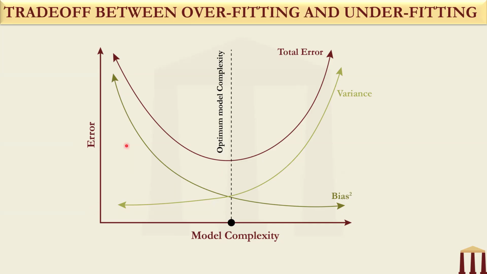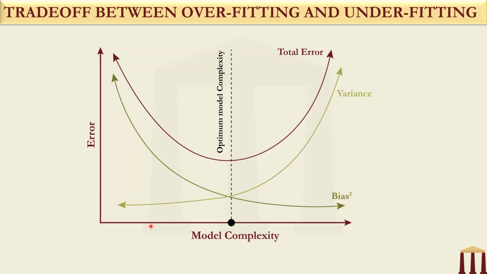You have this curve, bias square, and you have this curve, variance. The bias square curve shows how error due to an extremely simple model, extremely simple assumption, drops as the model becomes more and more flexible. You can clearly see that for low complexity models the bias square is quite high. Simpler models are very rigid, very high bias.